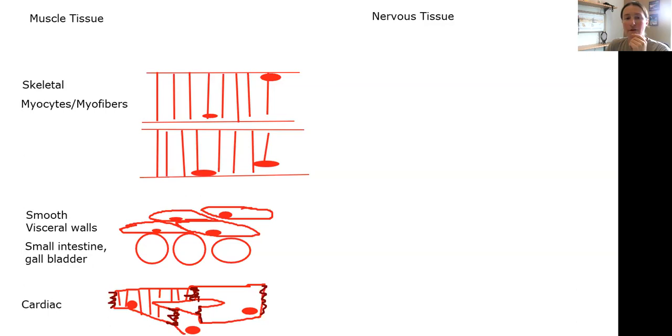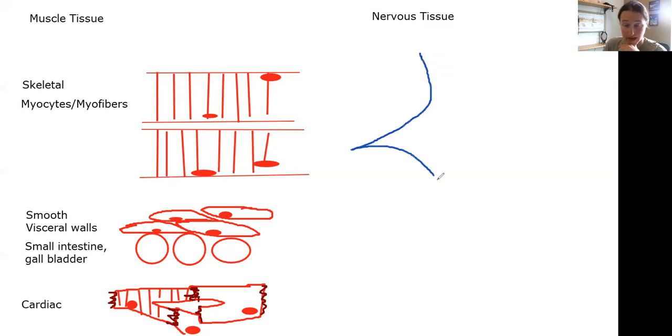Okay, and finally, we come to the nervous tissue. So the lab that I have for you guys today has a lot of different types of nervous tissue. It has the brain, the spinal cord, and all sorts of different things. But we are not quite there yet. So in the assignment, you can see one of the slides showing you what I am about to draw for you here.